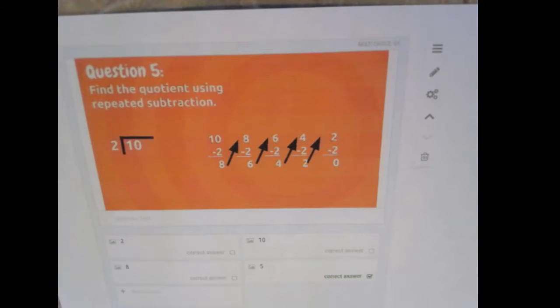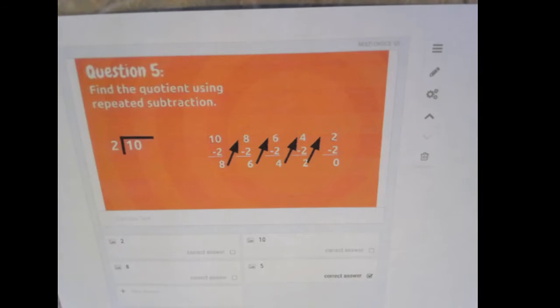One more review question. Okay, so find the quotient using repeated subtraction. All right, so remember multiplication is a tool that you can associate with repeated addition, right?